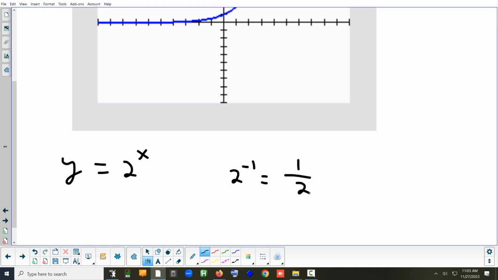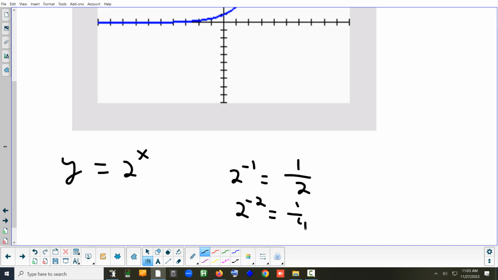So when you're at -1, you're at a half. How about 2 to the -2? Wouldn't that be 1/4? 1/4, yeah, 0.25. So what happens is the more and more negative you make the exponent, the bigger the denominator gets, the smaller the whole fraction gets.